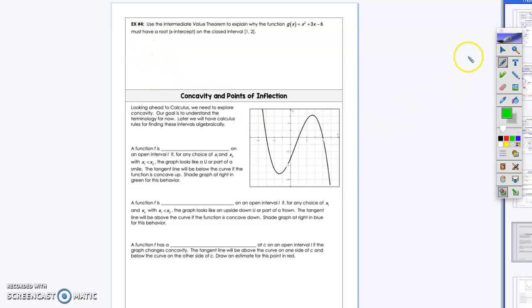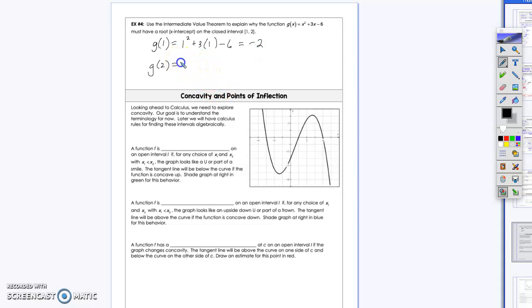So example 4 says, use the intermediate value theorem to explain why this function, g of x equals x squared plus 3x minus 6, must have a root, an x-intercept, on the closed interval [1, 2]. In order to use the intermediate value theorem, we would want to evaluate this function at 1 and at 2. At 1, we get 1 squared plus 3 times 1 minus 6, which is negative 2.